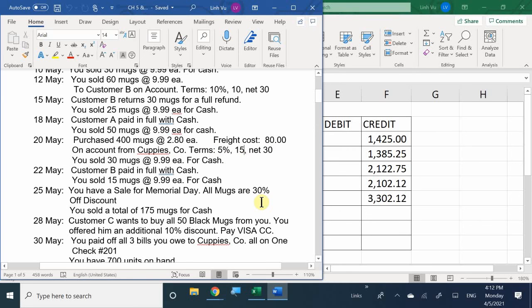Because we paid within 15 days, right? We paid 10 days after. So in this case, we do get a discount here for 5%. So let's go to our inventory worksheet because we also have to calculate our discount.